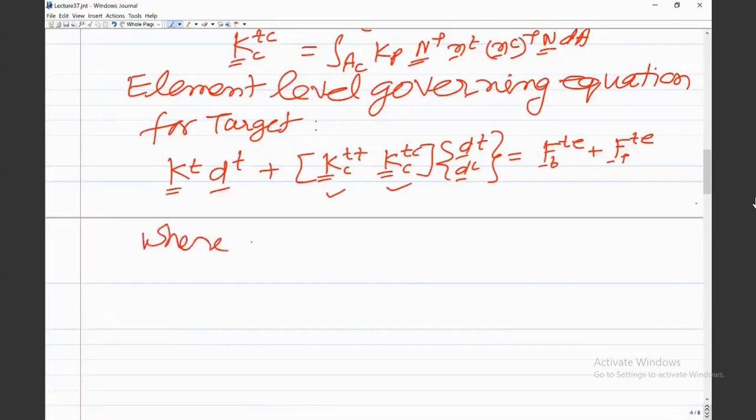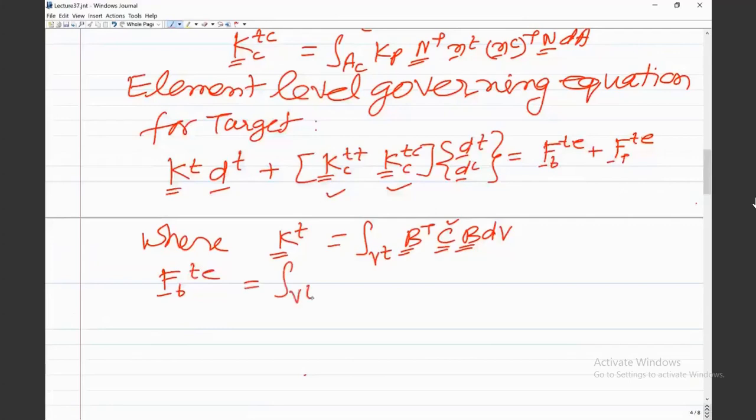Now if you look at this Kt, this is integration over volume of the target body of B matrix transpose into constitutive matrix C into B into dV, where C is the constitutive matrix for the target body. And this Fb for the target element is equal to integration over volume of the target body of N transpose into Fb for the target into dV.